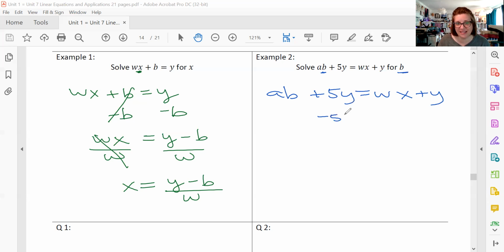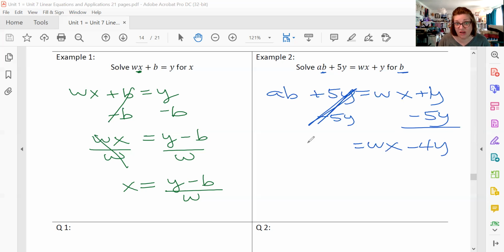I'm going to start by subtracting this 5y because I need it to go across the equal sign. And it's nice because over here I've got a y to combine it with. This is a 1y, right? The implied 1 is right there. 1y. So 1 minus 5 is going to be negative 4y.